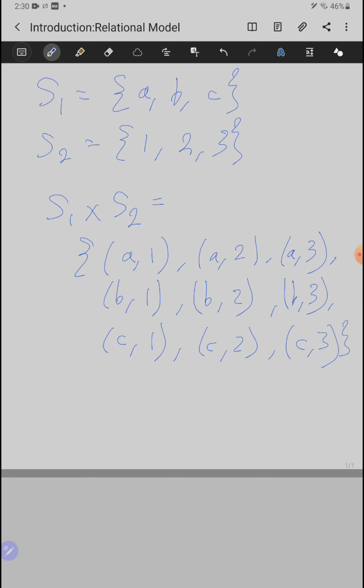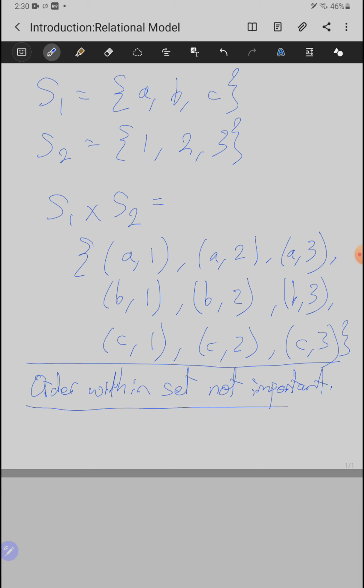Okay, two comments. Again, quick review. The order of the elements in a set is not important. Order within a set is irrelevant. It is relevant for performance reasons in a database, but order within a set is unimportant mathematically.